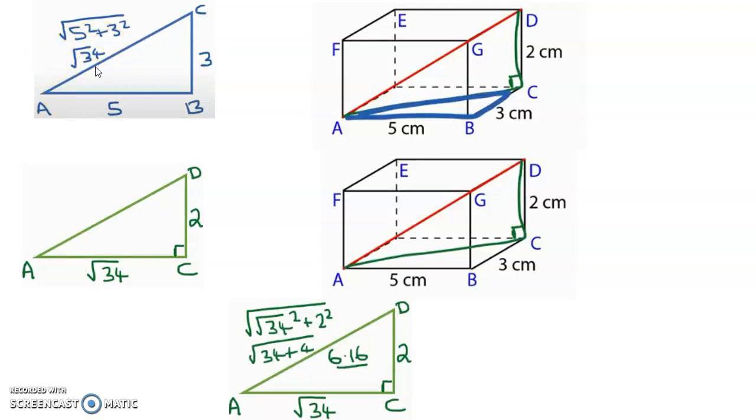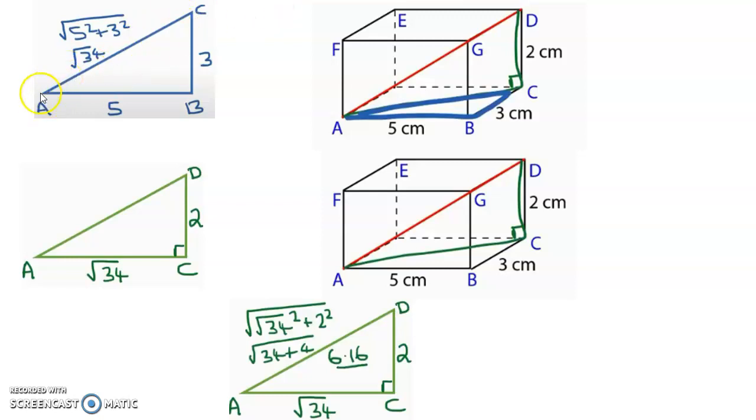Just to remind you, we calculated AC using the Pythagorean theorem that we used in class number 13 for the Pythagorean theorem in 2 dimensions. So we have drawn this triangle in 2 dimensions. We have AB square plus BC square, and AC is the hypotenuse.